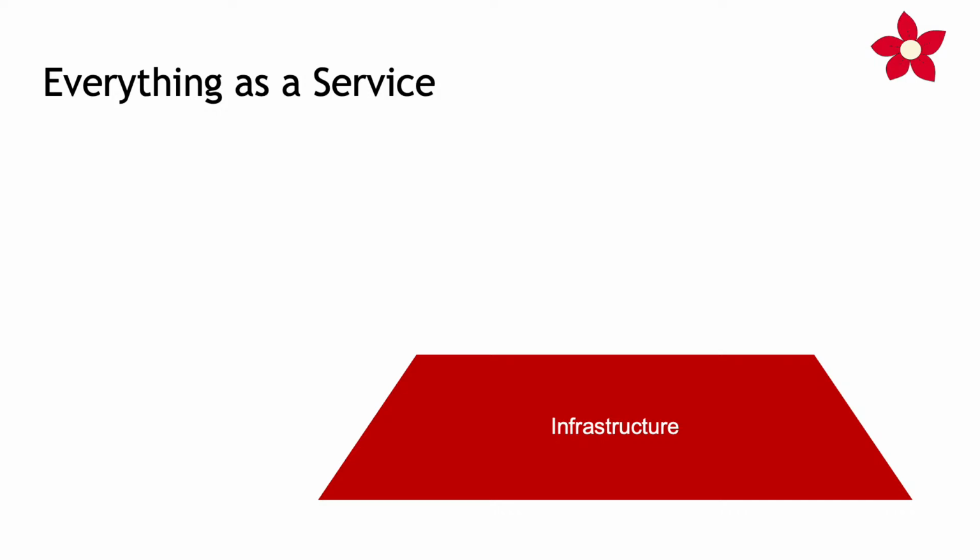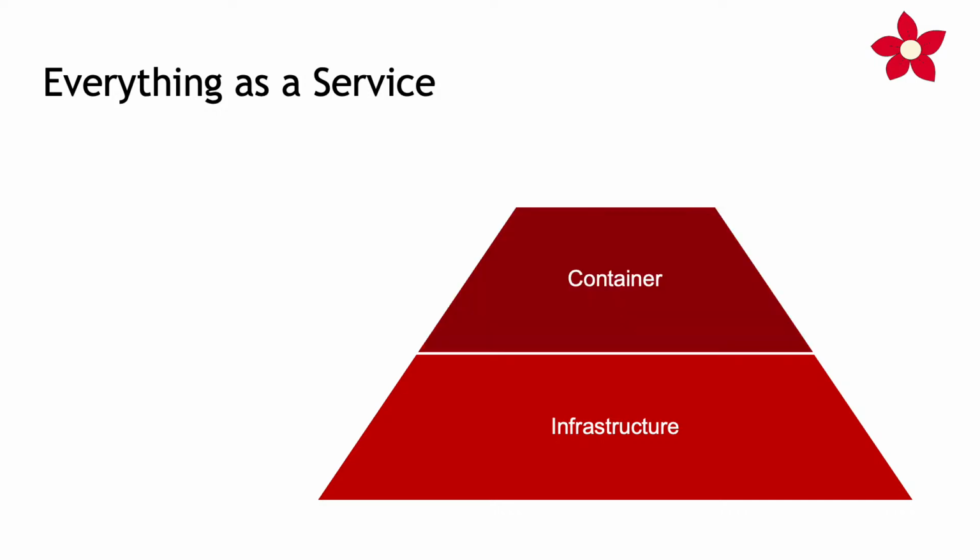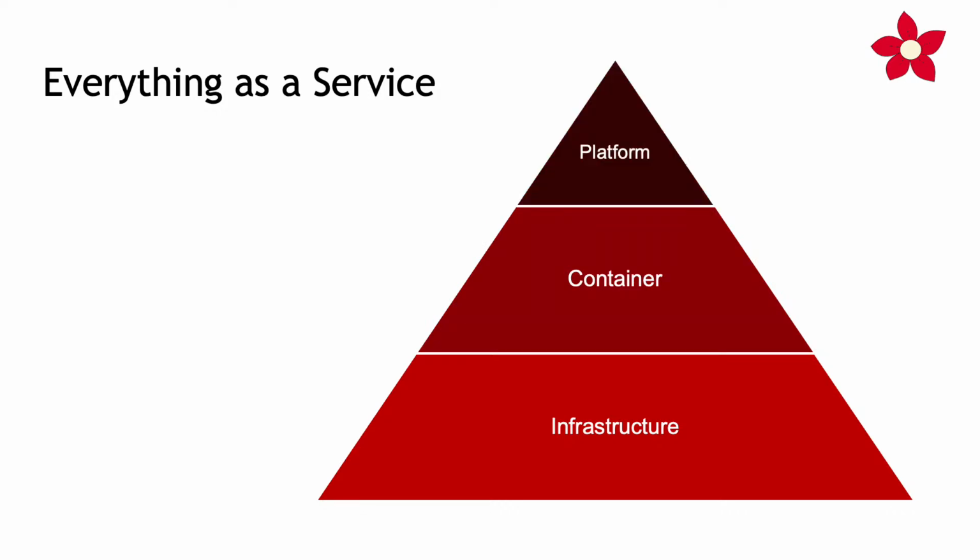So we need to provide infrastructure as a service, containers as a service, and platform as a service. Ultimately, delivering something that might be called software as a service or environments as a service.